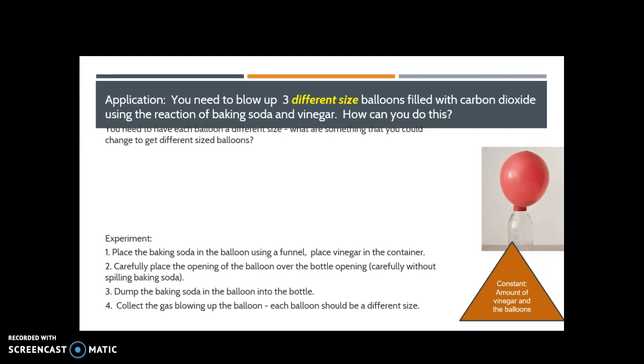So think, what is it that you can change or adjust, that's your independent variable, to collect your dependent variable, which is the 3 different sizes? Think about what you can adjust in order to create 3 different size balloons.